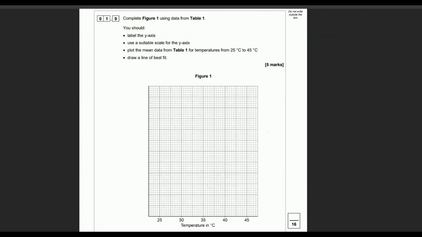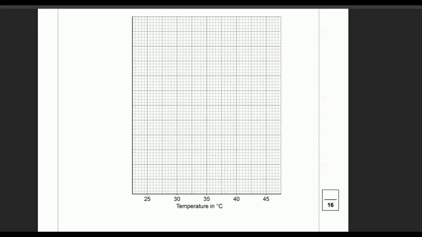So let's smash this. Okay, so zooming in a little bit here, they've already put the temperature on for us. That's the first column, the independent variable. What we've got left to do here is label the units for the y-axis, and we also need to plot a scale, and that's 2 marks straight away for that.